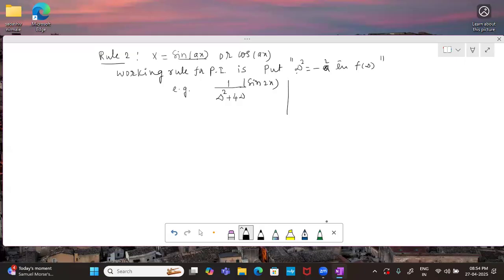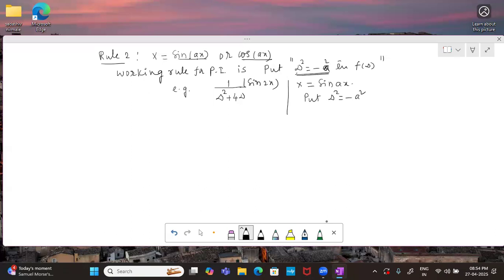So for sine ax or cos ax, we always apply this rule. What is the rule? Here what is capital X? Capital X is sine ax or it is sine 2x. So when capital X is sine ax, the rule is put d square is equal to minus a square.